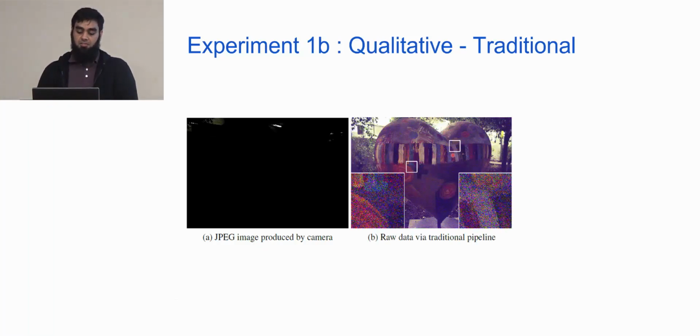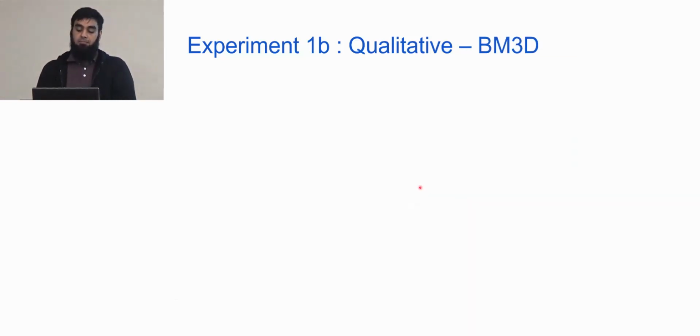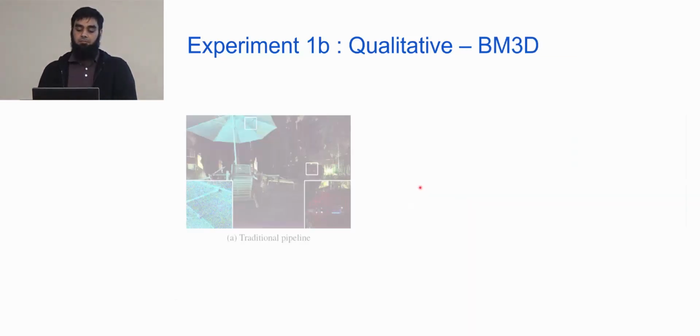So the raw data is processed via the traditional pipeline. We can see that if we zoom into these regions, there's not only color bias, but the noise is increased a lot versus their result. And when we zoom into these parts, we can see that the color conversion is actually very good compared to this case.